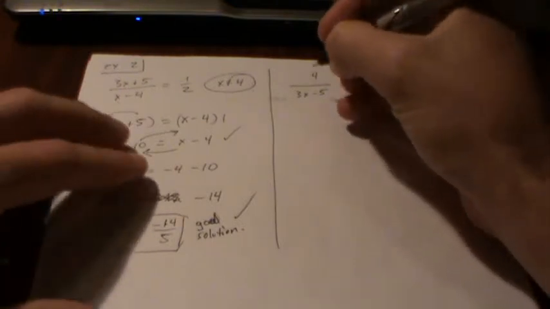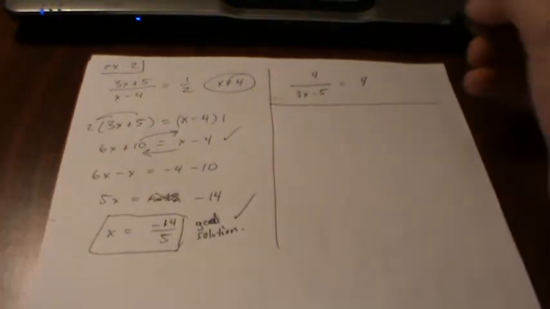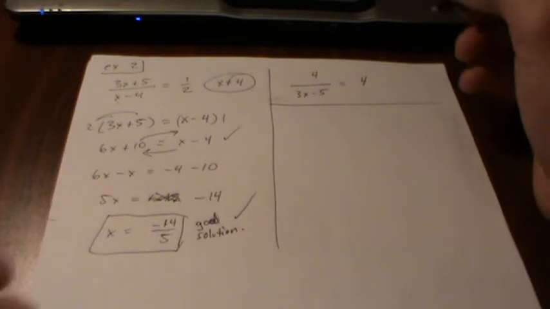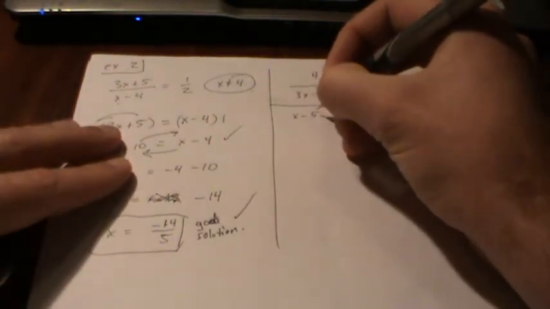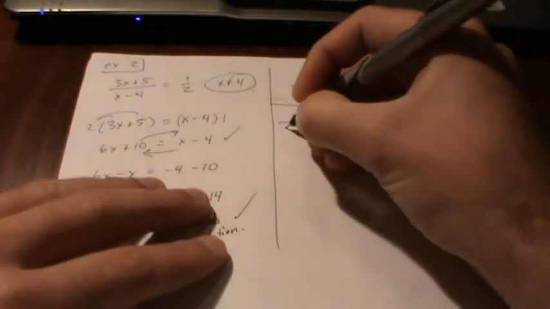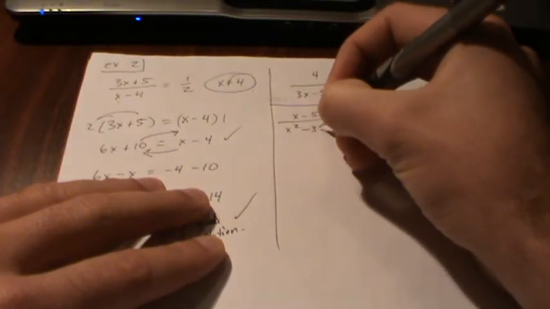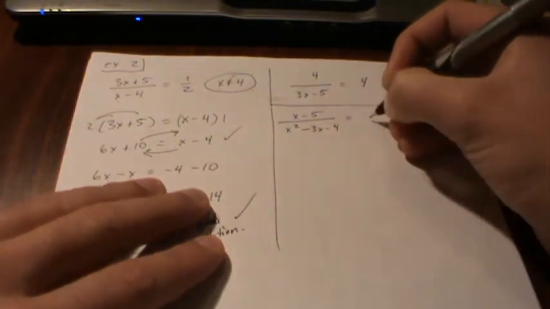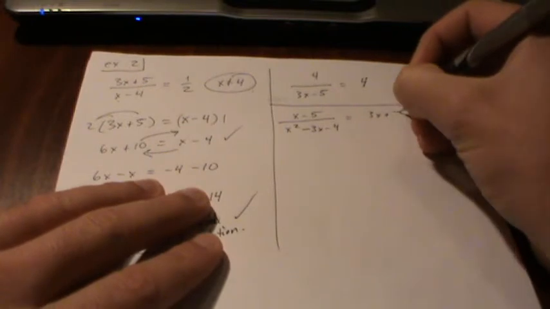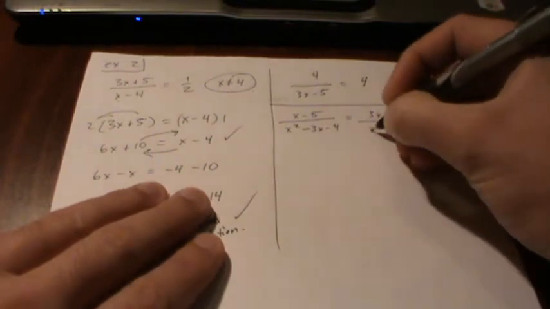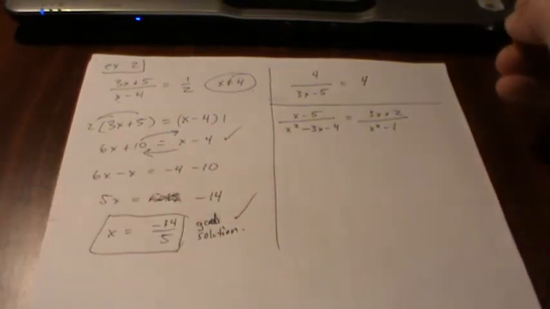Oh no, this is pretty simple as well. That's just like the one we just did. Sorry, I'll get a better one. x minus 5 over x squared minus 3x minus 4 is equal to 3x plus 2 over x squared minus 1.